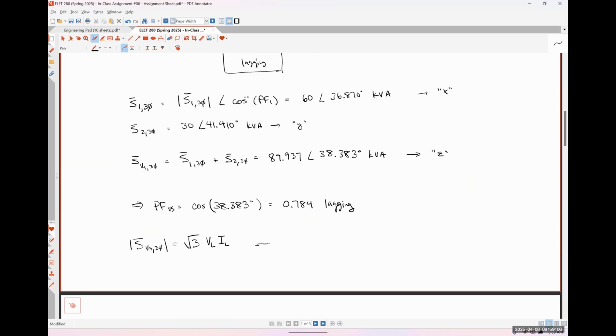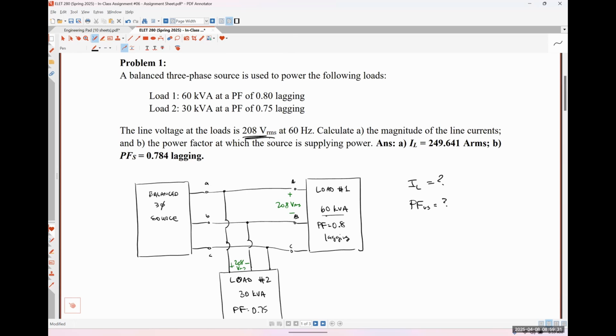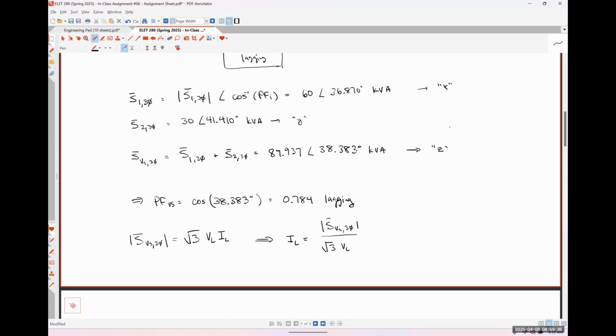So I could rearrange this and say that I_L, the magnitude of my line currents, is going to be my apparent power divided by √3 times my line voltage. Well, I'm told up here, the line voltage is 208 volts RMS. So what is my apparent power in this system?